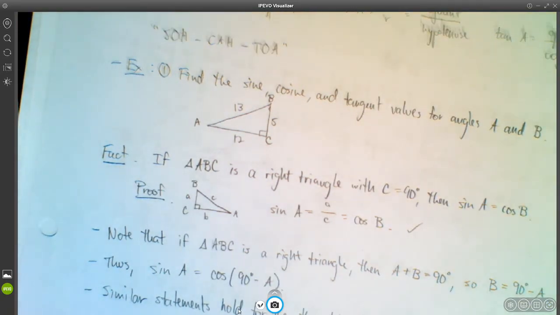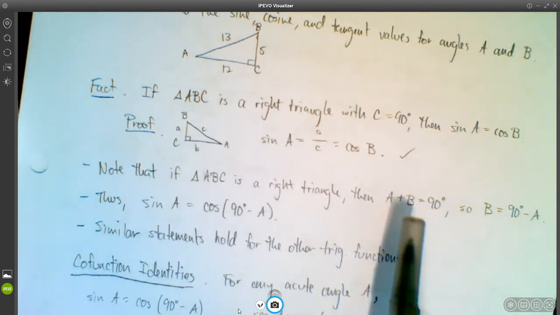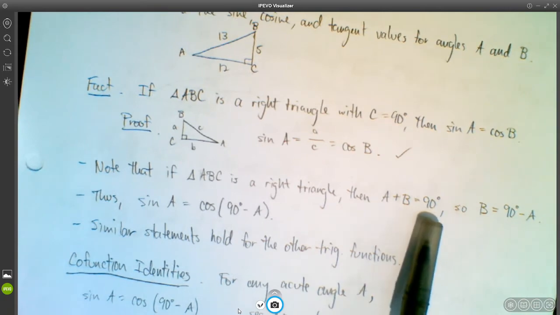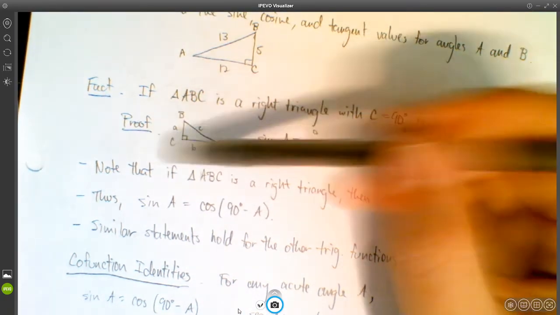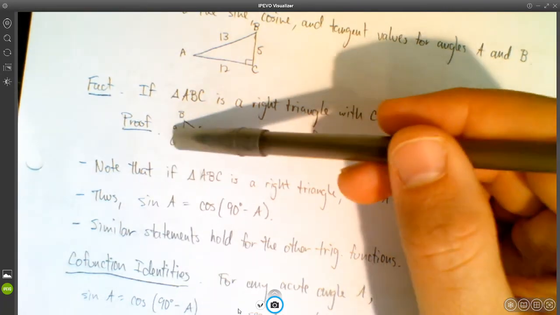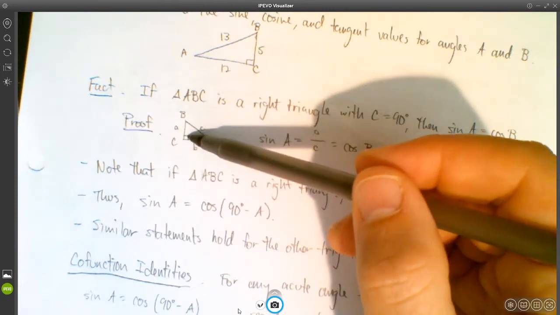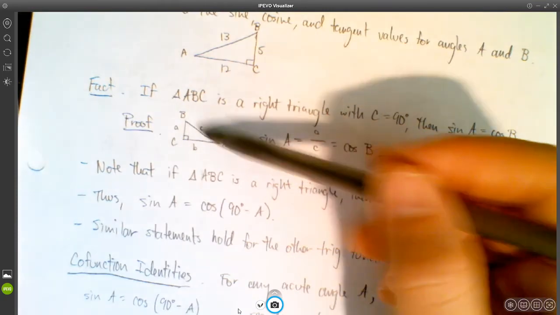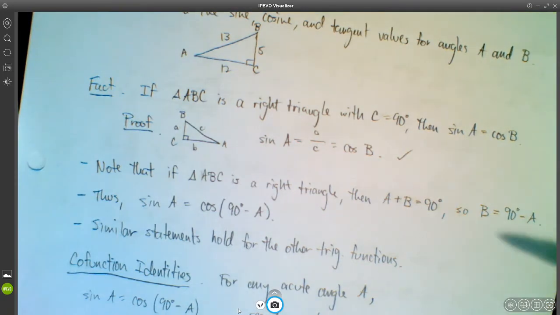Okay. Another thing to note is that if triangle ABC is a right triangle, then A plus B has to equal 90 degrees. Because the sum of the angles of the triangle has to be 180, but 90 degrees is already taken care of in angle C. Angle C is a 90-degree angle. So A and B have to make up the other 90 degrees. So A plus B has to equal 90 degrees.